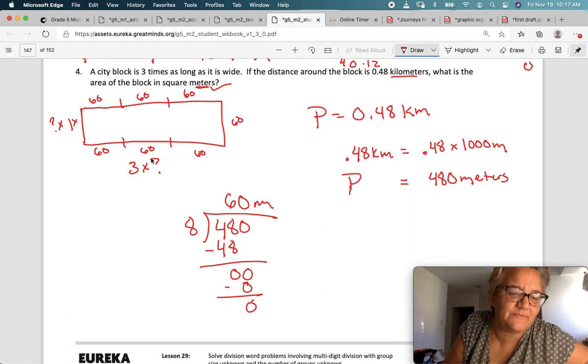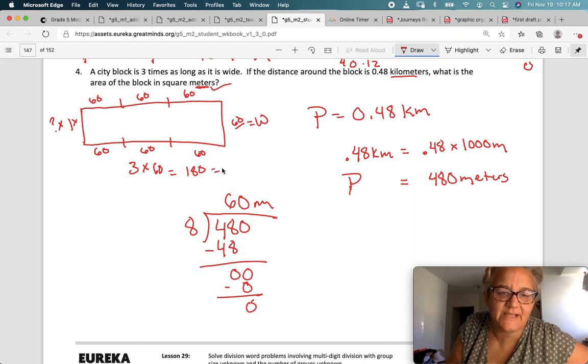I figured out what I had to multiply by. So 60 times 3 equals, right? I can take the question mark out and I can put the 60 in that spot. Equals 180. And over here, 1 times 60 equals 60. So now I've got my width and my length.